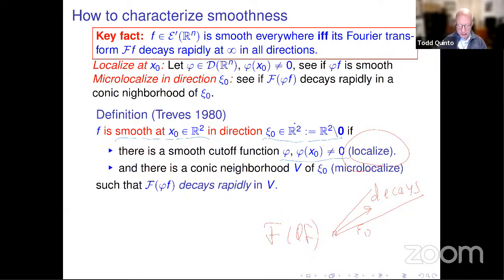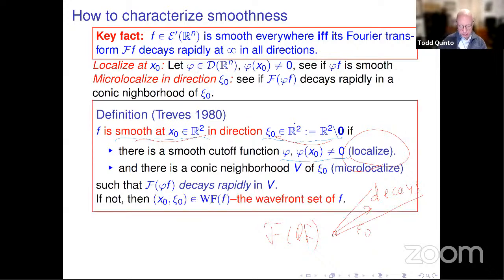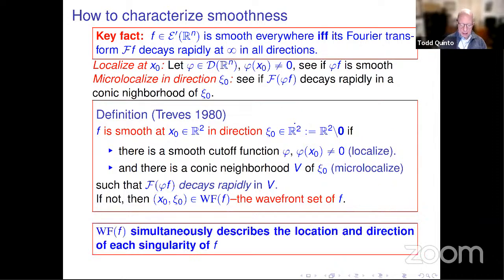Okay, and so then we'll say that f is smooth at x0 in this direction. And then if not, we'll say that (x0, c0) is in the wavefront set of f. So that's points where it's singular. So what's cool is wavefront sets simultaneously describe the location, namely x0, and the direction, c0, of each singularity.